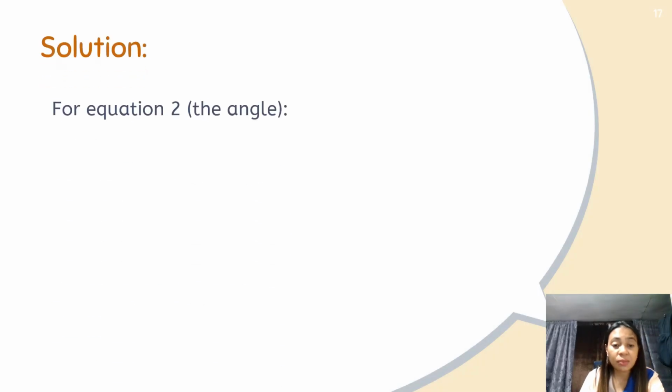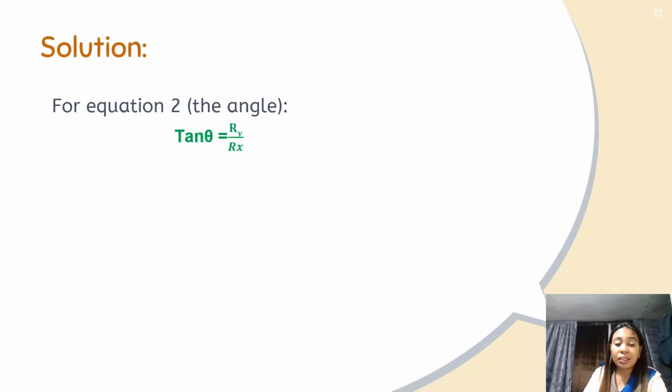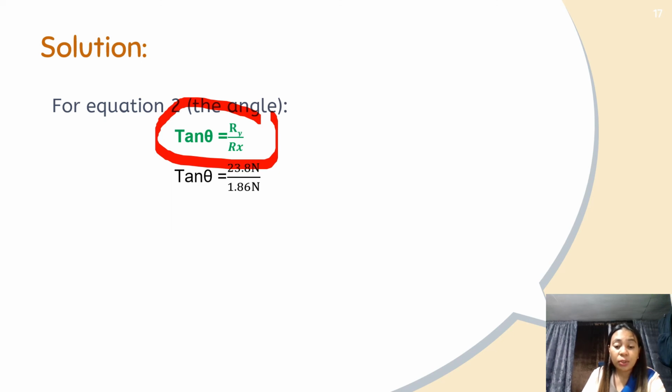This time is for the angle. Your angle is given as tangent theta equals Ry divided by Rx. So your Ry is 23.8 and your Rx is 1.86. The tangent theta is 12.80, so we get the inverse of that.